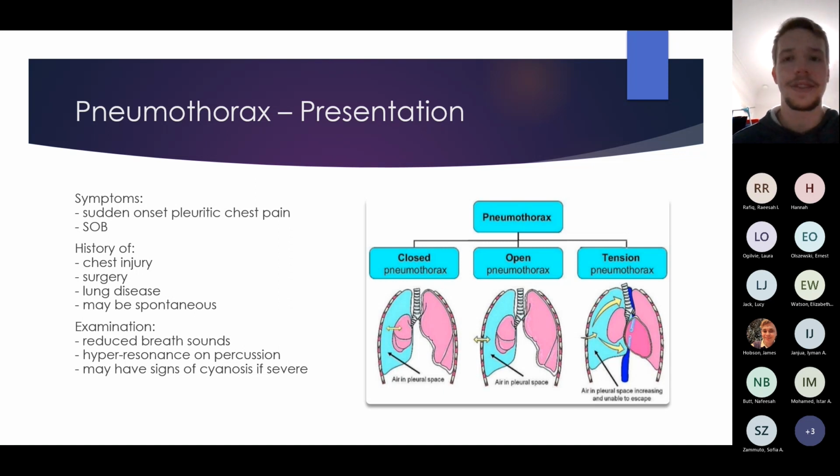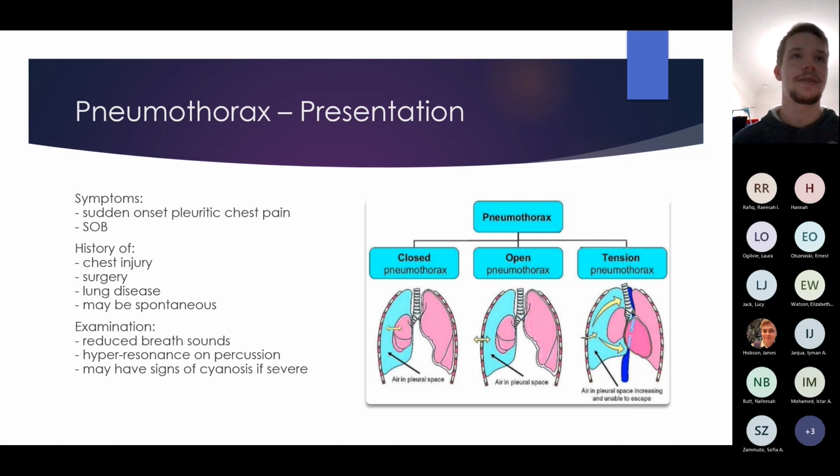So I've just put your basic symptoms: the sudden onset pleuritic chest pain, shortness of breath. In terms of what has caused that pneumothorax, it can be following a chest injury, following surgery, following a long-term lung condition, or sometimes it can be completely spontaneous with no prior signs.